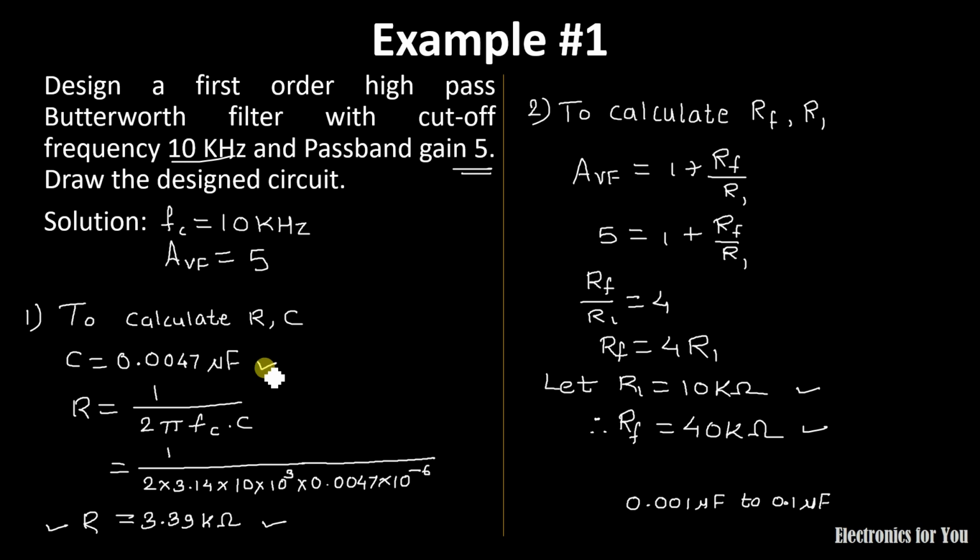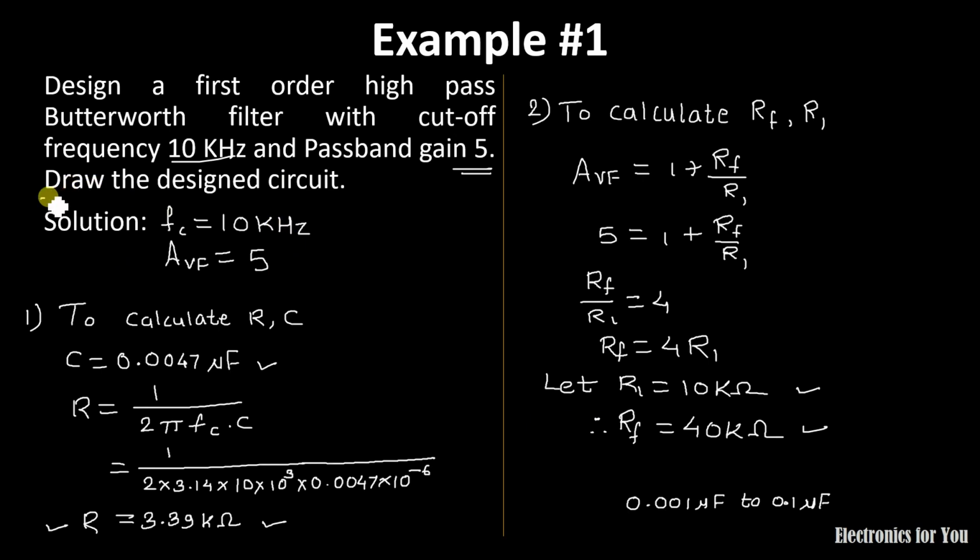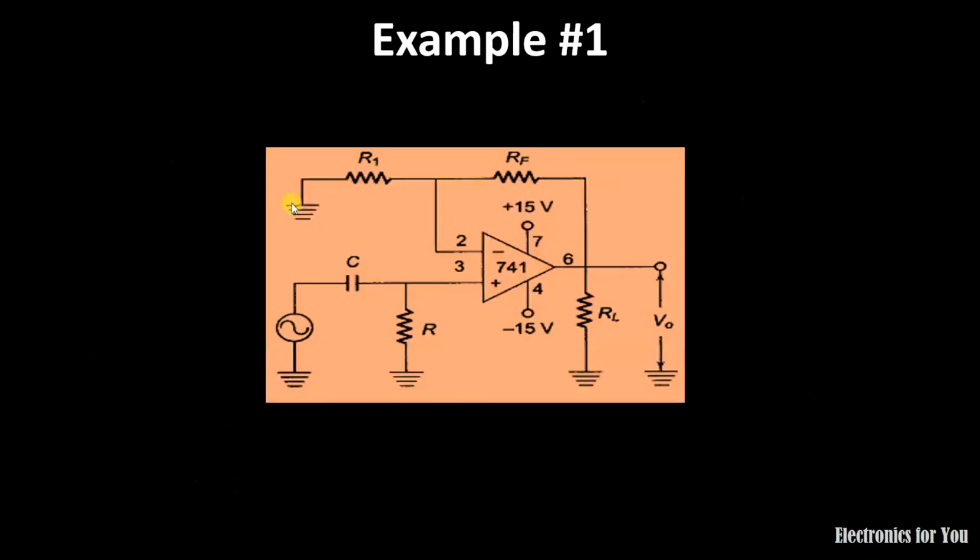So we will use these values and write them in our circuit diagram. Here in our example, we have to draw the design circuit. The design circuit of this high pass filter is drawn here. We have assumed C as 0.0047 microfarad, R is calculated as 3.39 kilo ohm, R1 we assumed as 10 kilo ohm, and Rf we calculated as 40 kilo ohm.